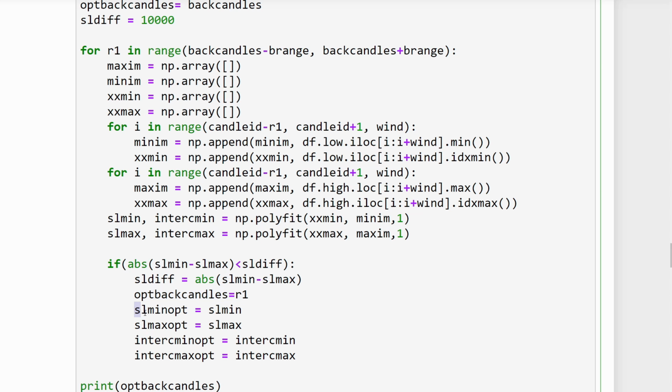And then the slope minima optimized will be equal to the current slope minima, and the slope maxima optimized is equal to the current slope maxima. Then both intercepts are also kept in memory, and we've added the OPT for optimized values of these slopes and intercepts. So again, this optimization will be keeping in memory the parameters defining the situation where we have the most parallel slopes between the minima and the maxima.